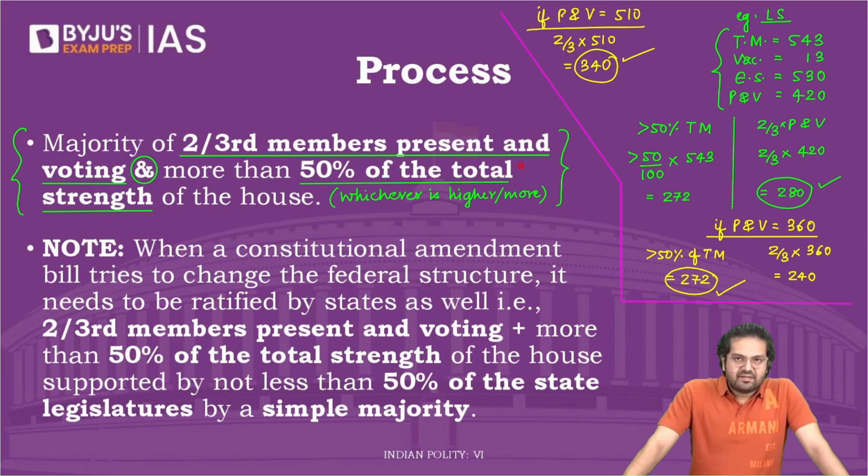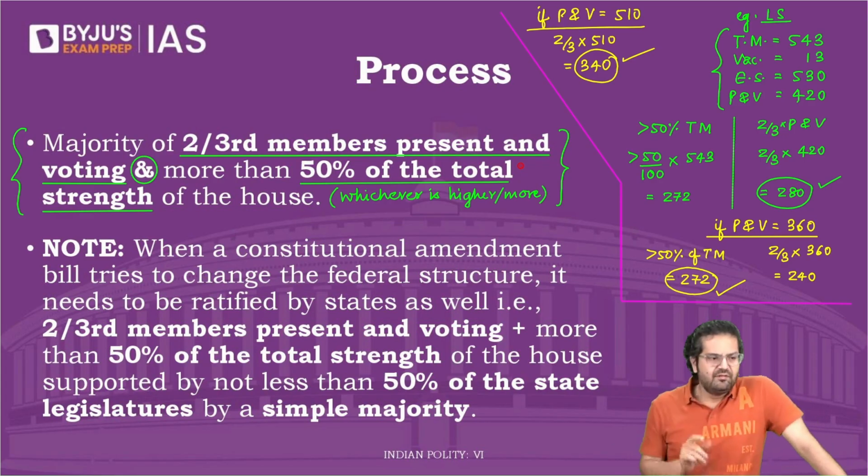Which article talks about the electoral college? Great. Article 54 talks about the electoral college. In the electoral college, we have both MPs and MLAs. Elected MPs, elected MLAs.